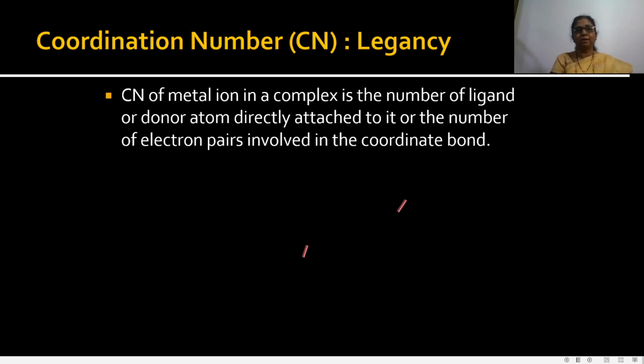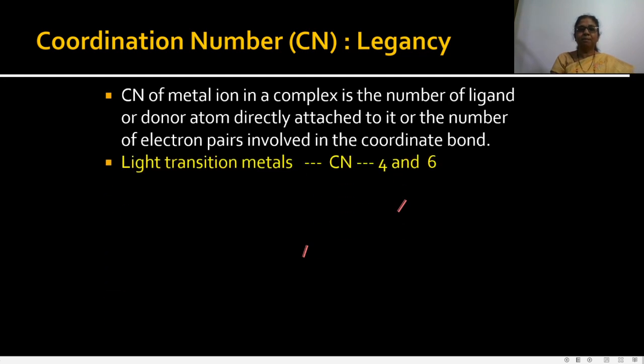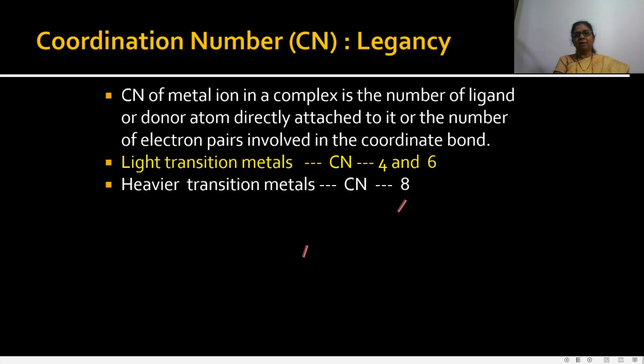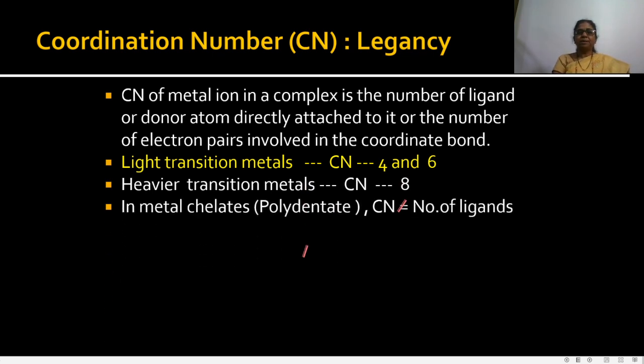The lighter transition metals have coordination number 4 and 6, and heavier transition metals have coordination number 8. In a simple metal complex, the coordination number is equal to the number of ligands or donor atoms, or the electron pairs involved in the coordinate bond.